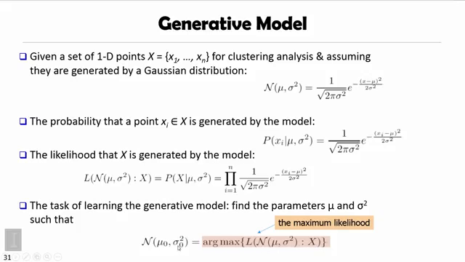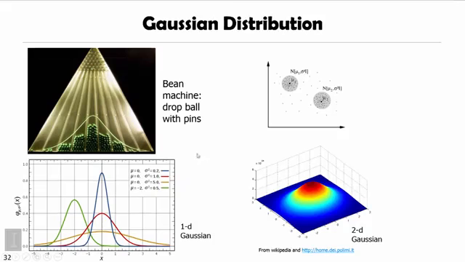The Gaussian distribution, I think most people know it. For example, in a bean machine, if you drop balls through pins, if you use many balls, finally you will find the distribution is a Gaussian distribution. If we have many points, we can assume these points are actually generated by a Gaussian distribution like this.